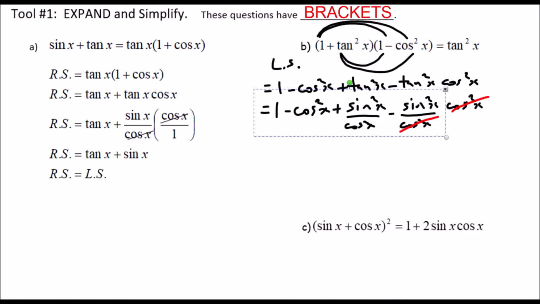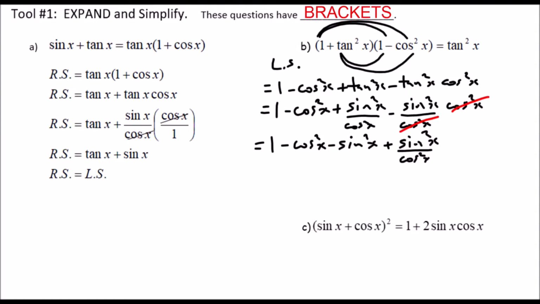And then over here, not really much is happening. So we'll have this: 1 minus cos squared, minus, I'm going to bring that last term in the middle here because there's something fun that I can do with these two, minus sine squared x, and then here I'm going to have a plus sine squared x over cos squared x. Now you might be thinking, Mr. Wills, let's just do LCD here.